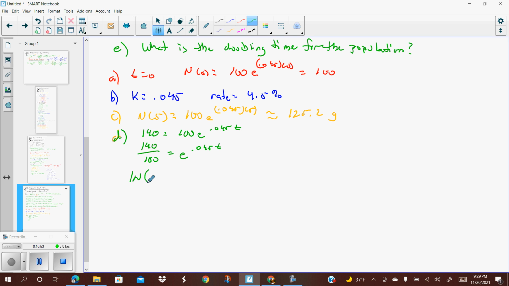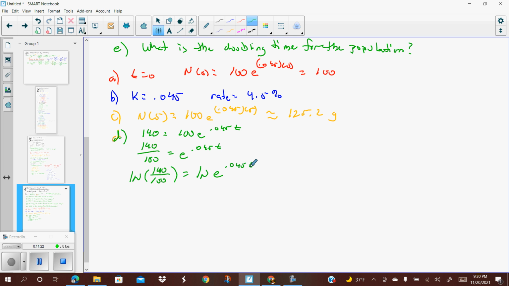If you want to, you can certainly simplify 140 over 100, or you can just leave it for purposes of this because you're just going to plug it in your calculator at the end anyway. Don't start plugging this stuff into your calculator as you go and rounding, because then your answer is going to end up wrong at the end. If you keep rounding every single time you have to plug something else in, it's going to round wrong at the end. Then we'll take the natural log of the right-hand side.